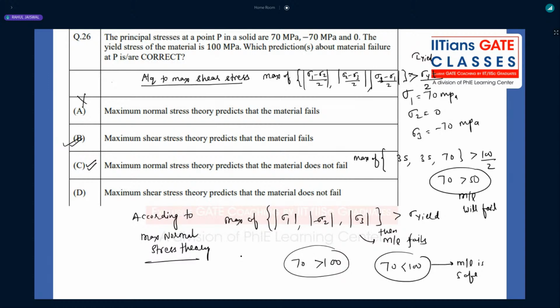So normal stress theory for this case will give a higher factor of safety than maximum shear stress theory, if the material has to be in the safe limit, right?